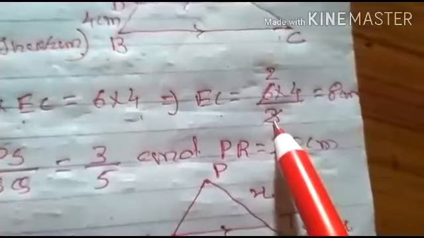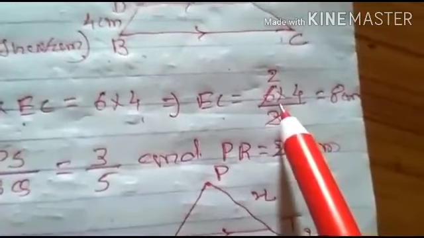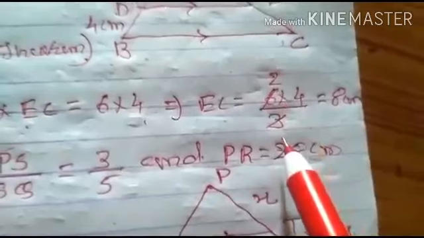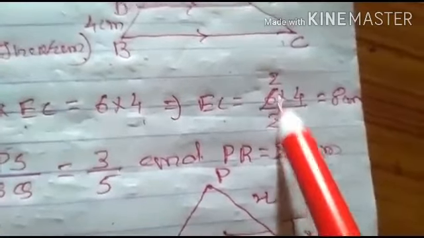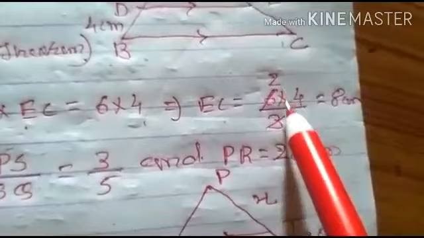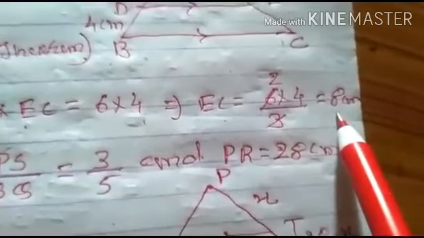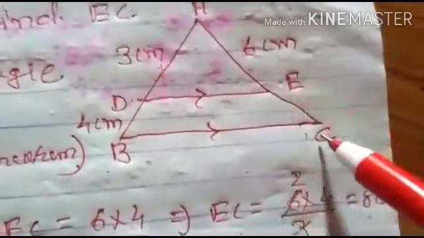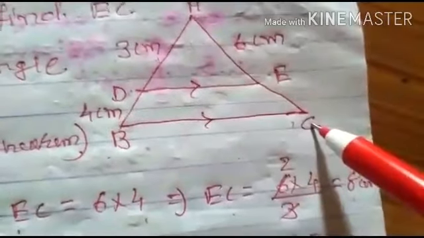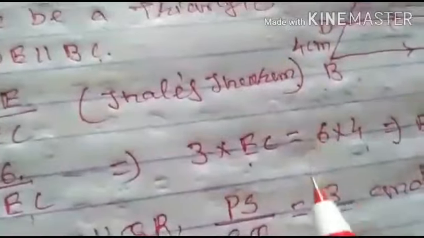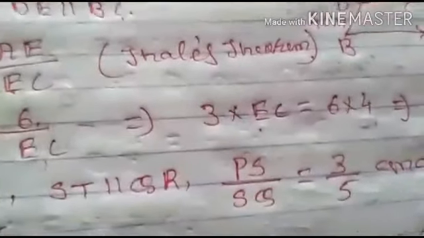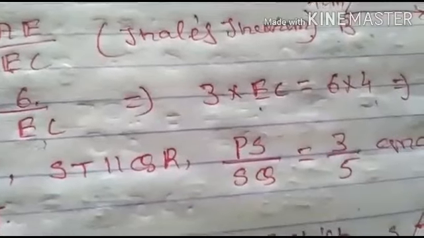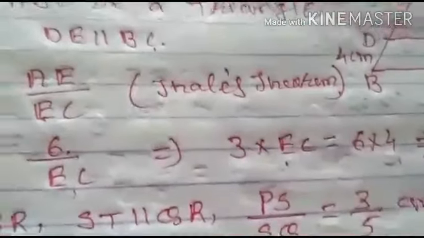This 6 goes by 3 two times, so we will have 2 into 4, that is 8 centimeter. So this 8 centimeter is the required length of the unknown part of this triangle, that is EC, which was to be found. So hence this question has been concluded. This is the way to solve such type of questions.